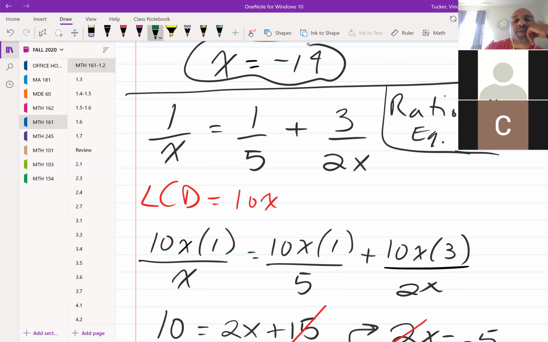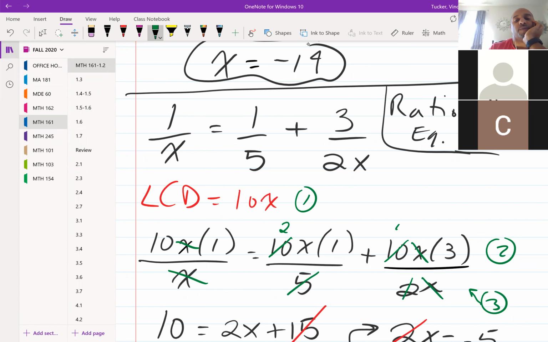So we're talking about steps. This was our first step. This was our second step. Third step is to simplify, which is what we're about to do next. So x and x will cancel. 5 divides into 10 leaves you with 2. x and x will cancel, and then also 2 divides into 10 will leave you with 5.